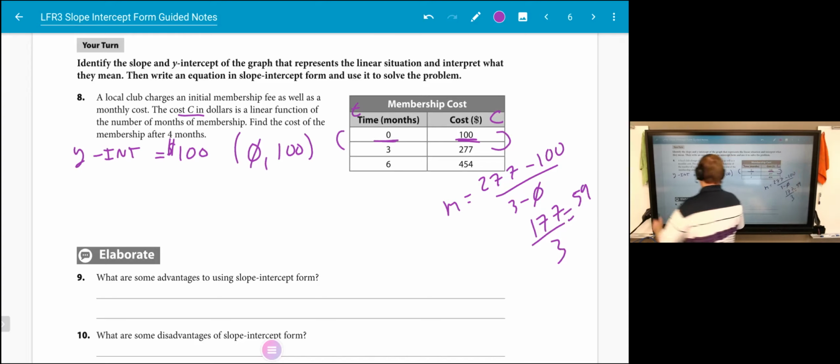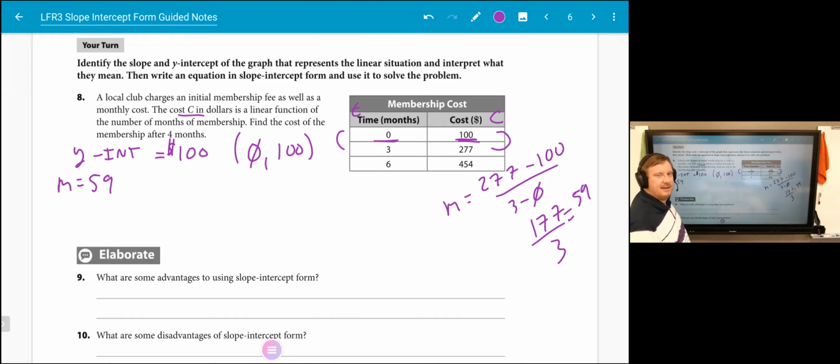Yay, my slope is 59. 59 what? $59 per month. You've got to have the interpret part in there too, okay? So we said what they mean. Slope is $59 per month, $100 initial fee.